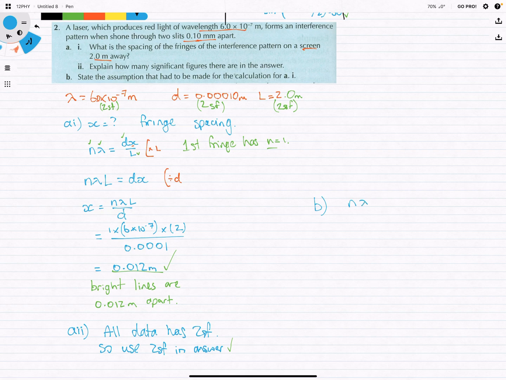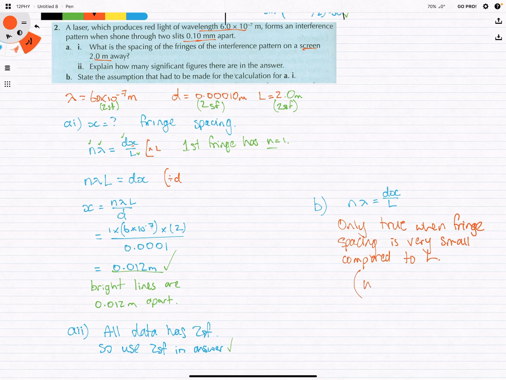We used n lambda equals dx over L, which is only true when the fringe spacing is very small compared to L. In other words, when theta is very small.